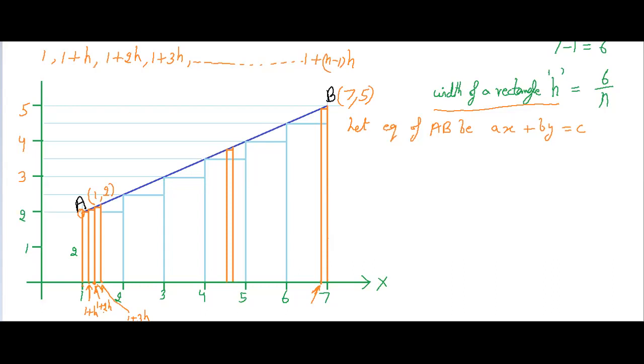For example, what does this kind of equation, 3x plus 4y equal to 5, represent? This represents a straight line.